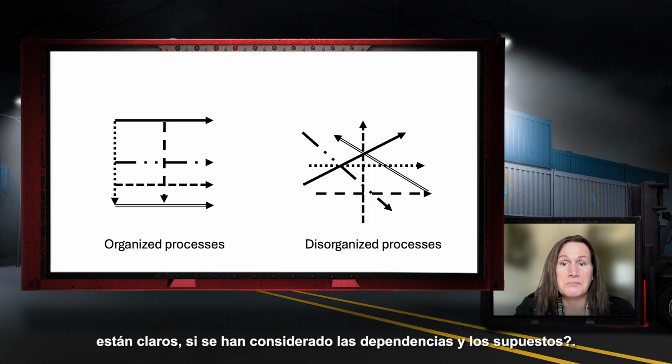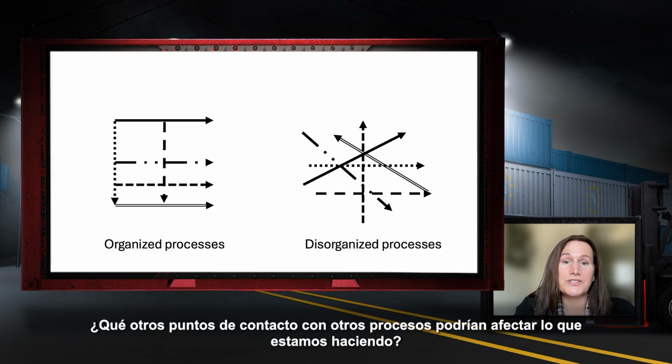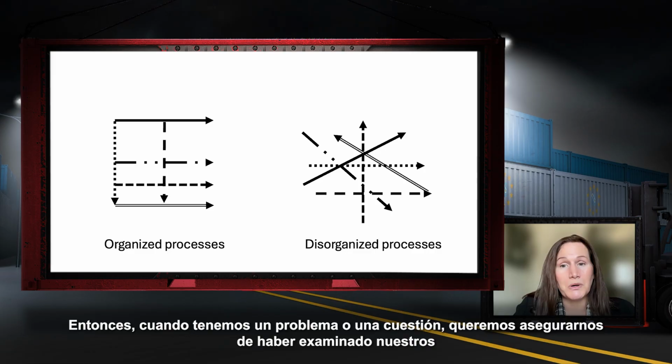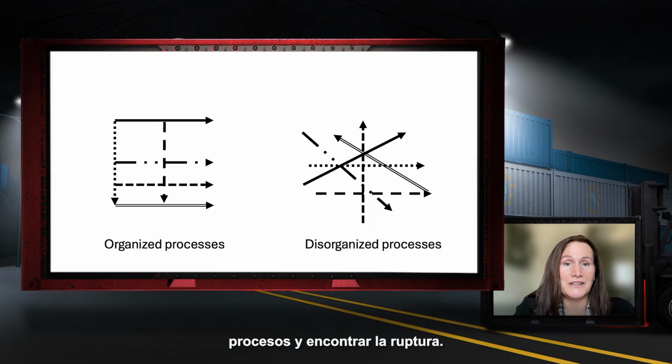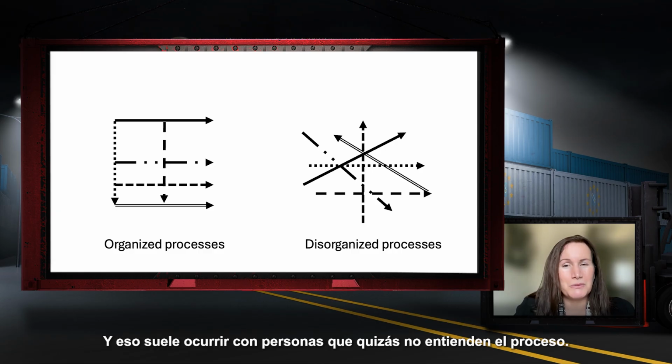Are they clear? Have dependencies and assumptions been considered? What other touch points with other processes might impact what we're doing? So when we have an issue or problem, we want to make sure that we've examined our processes and find the break. And that's usually with people, maybe not understanding the process.